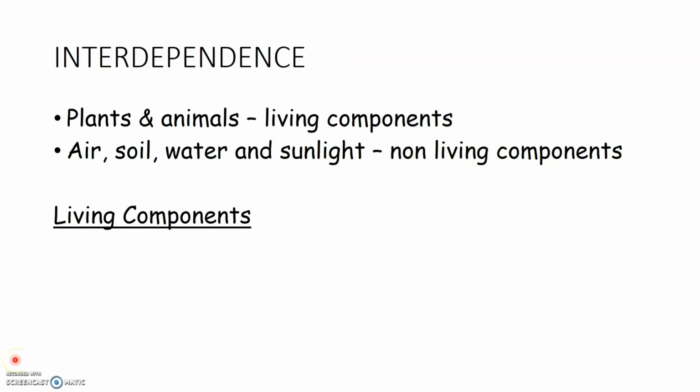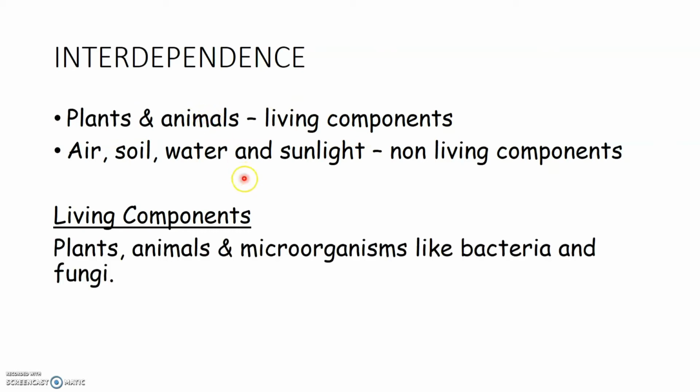Now, let us learn in detail about the living components that are present in the environment around us. So, we have just learned that plants and animals are the living components that are present around us. So, other than plants and animals, microorganisms are also living components that are present in the environment around us.